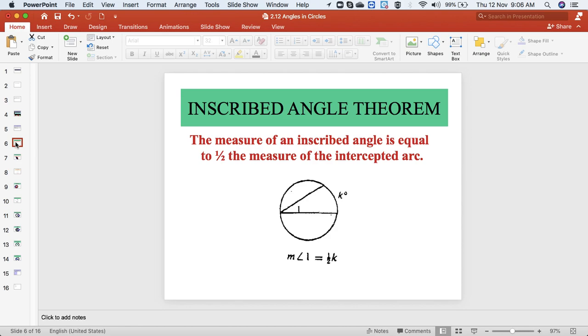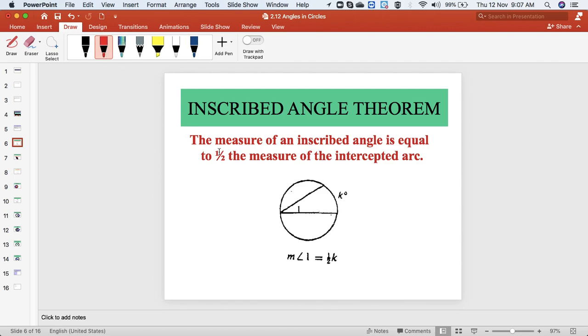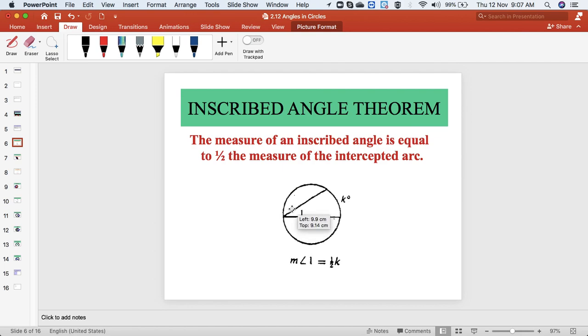Let's proceed with the inscribed angle theorem. The inscribed angle theorem says that the measure of an inscribed angle is equal to half the measure of the intercepted arc. So this is angle 1. Let me use my pen to show you where angle 1 is.